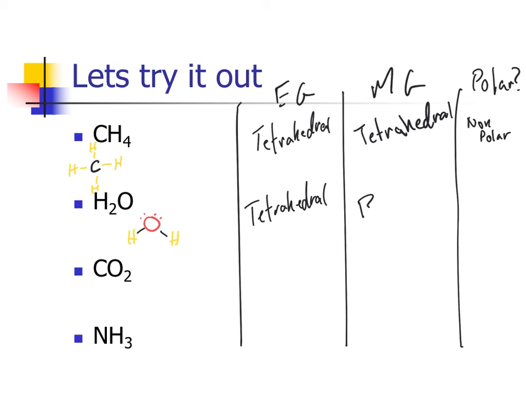Therefore, it is bent. And here's a little trick. Notice how the electron geometry and the molecular geometry are not the same. When that happens, you are almost guaranteed polarity. If it's the same, then you have to really look at what's there.